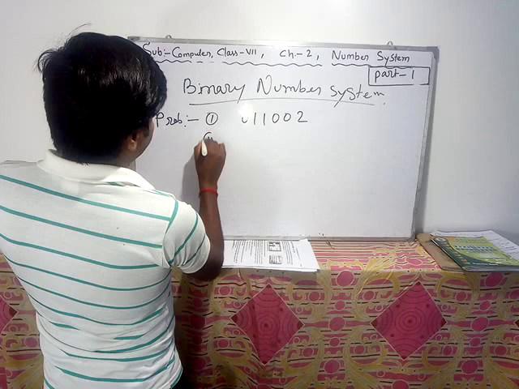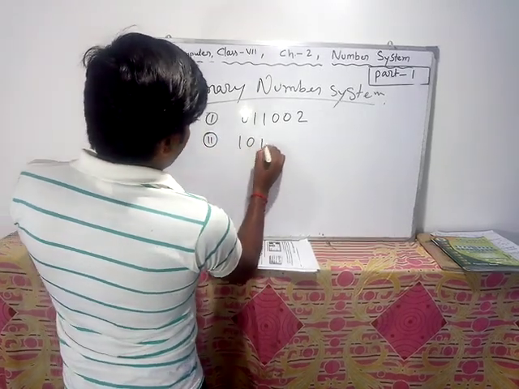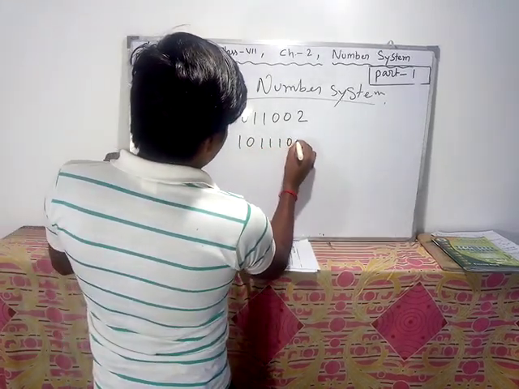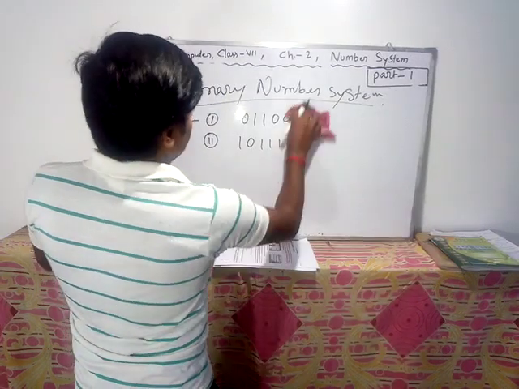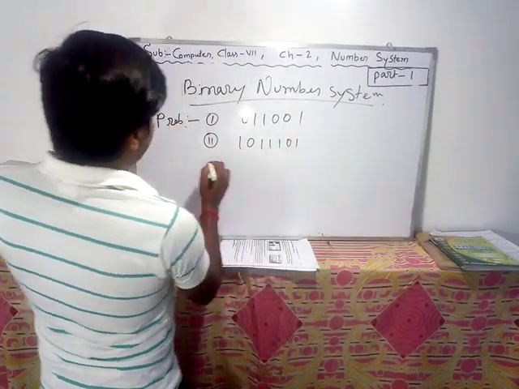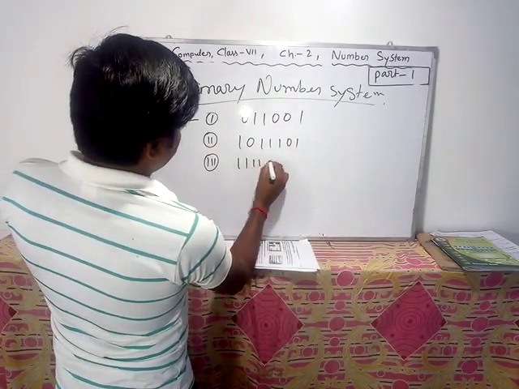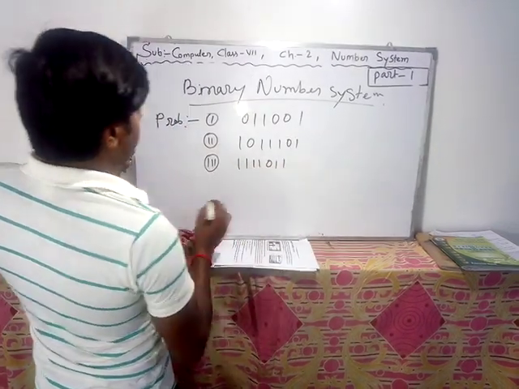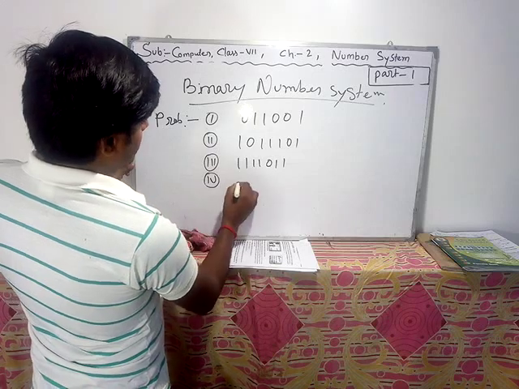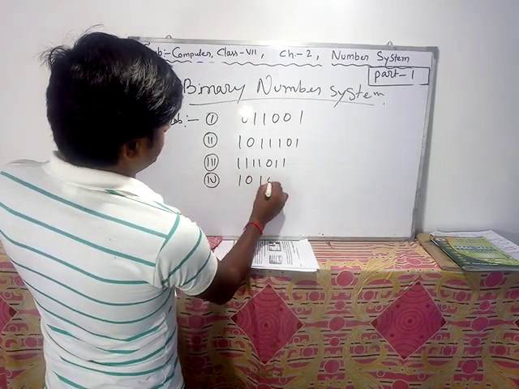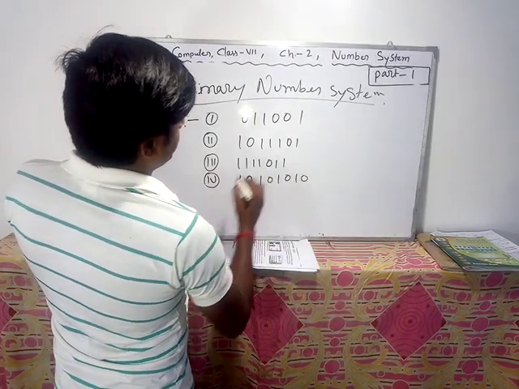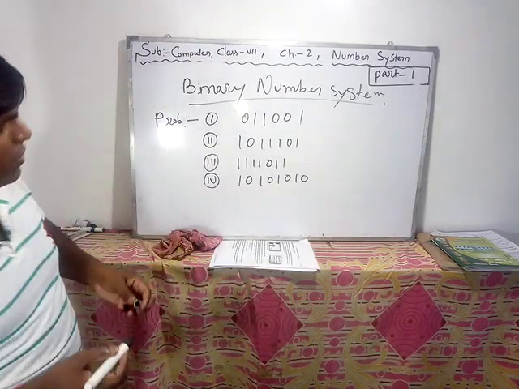Problem number 2 is 1 0 1 1 1 0 1. Problem number 3 is 1 1 1 1 0 1 1. And number 4 is 1 0 1 0 1 0 1 0. So these are 4 questions.